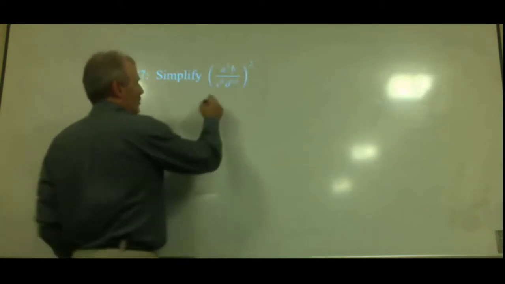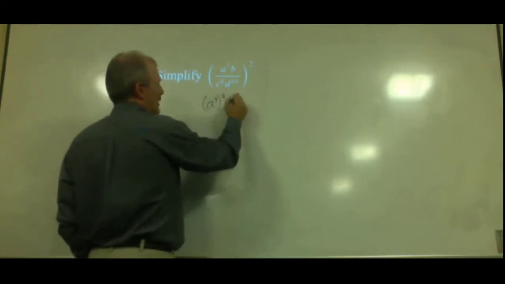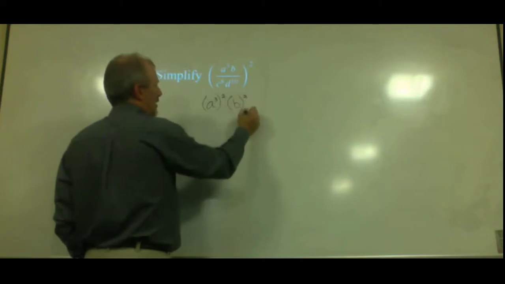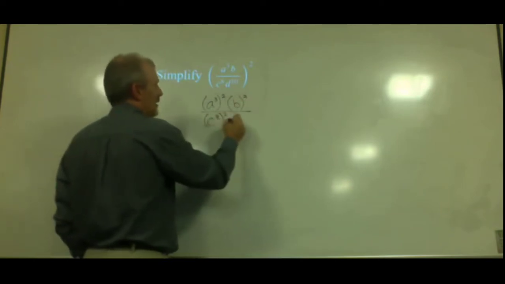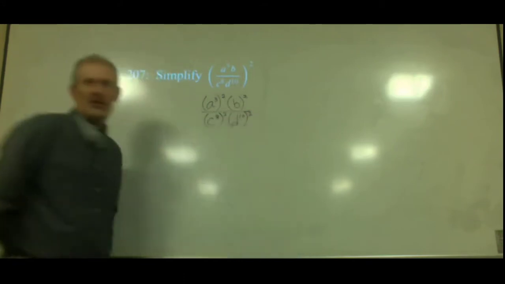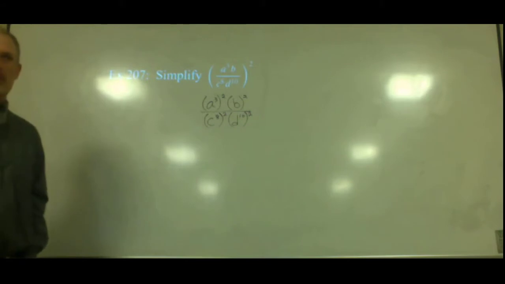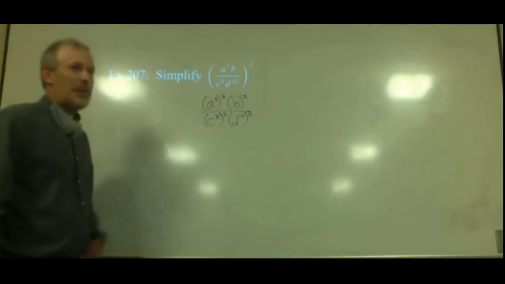So we're going to have a cubed gets squared, and then b gets squared, and then c to the 8th power gets squared, and d to the 10th power gets squared. Does that make sense? Did I copy something wrong?